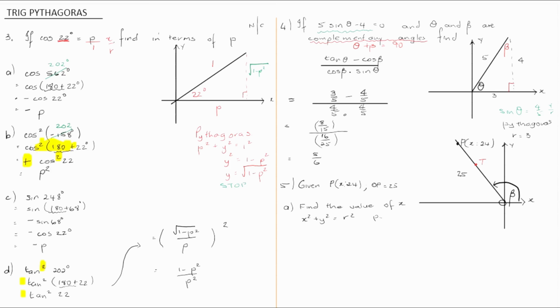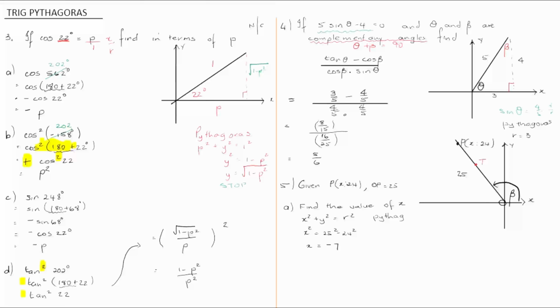I'm just going to do Pythag because I'm running out of space. So it's going to be x squared equals 25 squared minus 24 squared, and on your calculator you will get that x is plus or minus 7. It will be negative 7.